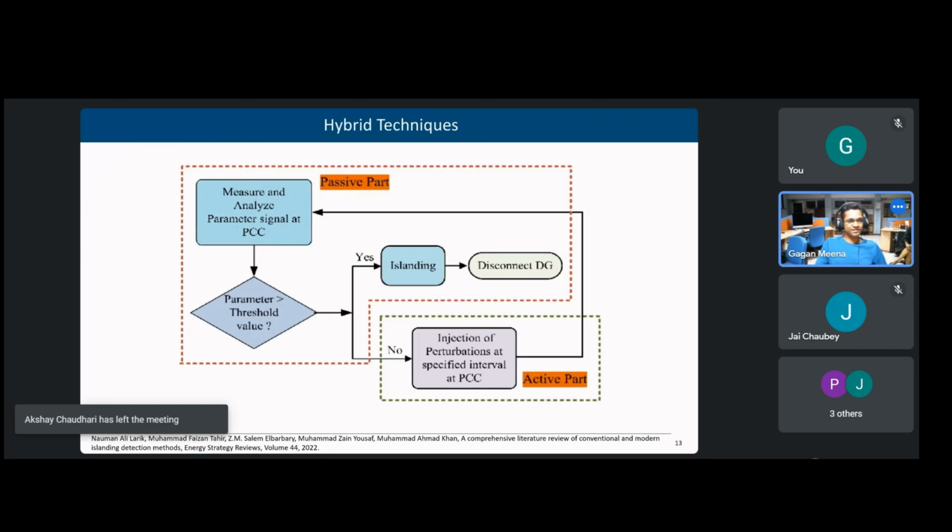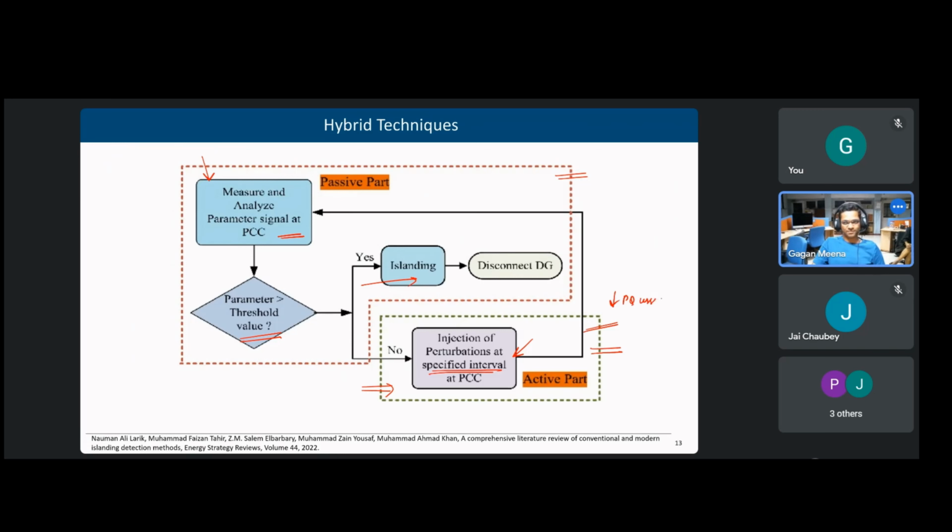Then the next one is the communication based technique. We start the algorithm here. Suppose this is the grid side, and here we have different DGs, DG1, DG2.